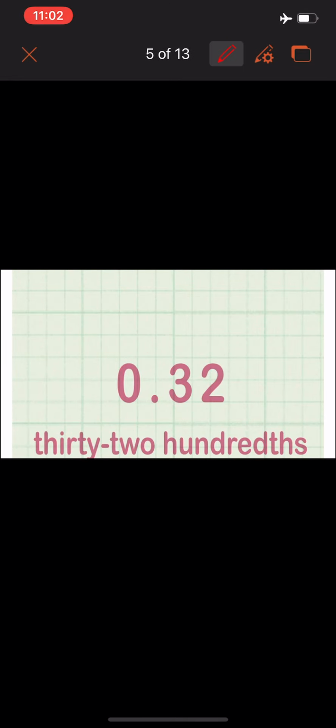Look at this number. Here actually, in the whole I have 0. So I will not say 0. I will just go and write after the decimal point. Or I can say actually 0 and 32 hundredths. But I can also read it this way because the whole is 0. So I can say it's what? Look at the number.